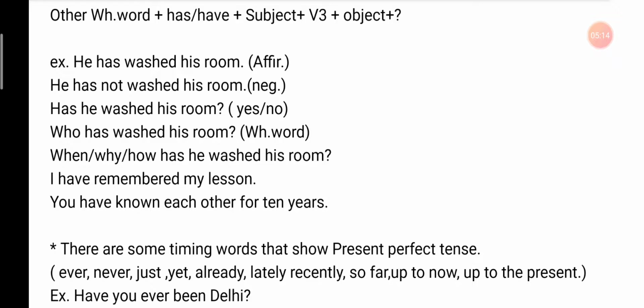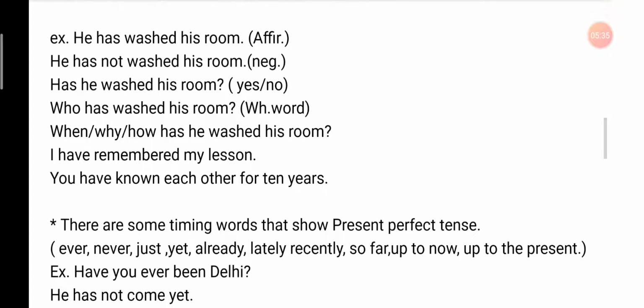The sentence is negative, so it is followed by not plus V3. Now the sentence is a yes-no question: Has he washed his room? In a yes-no question, at first we put the auxiliary verb first, with a question mark.